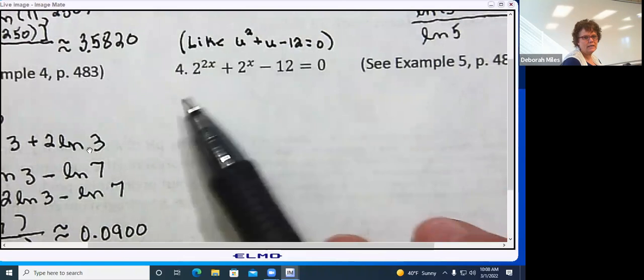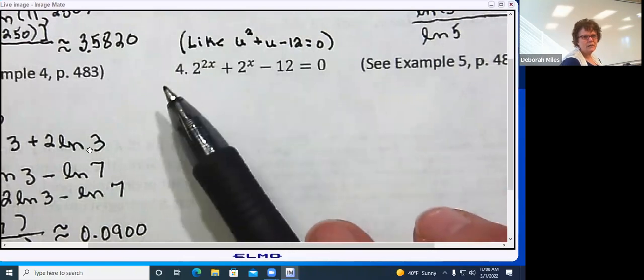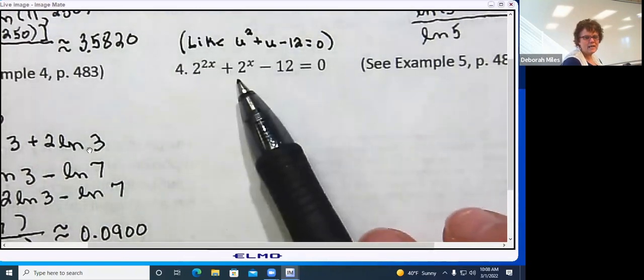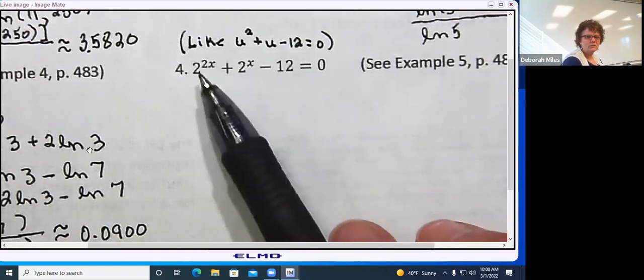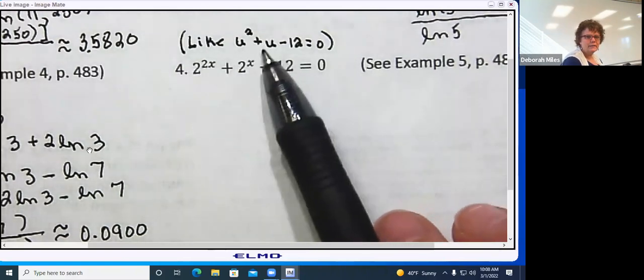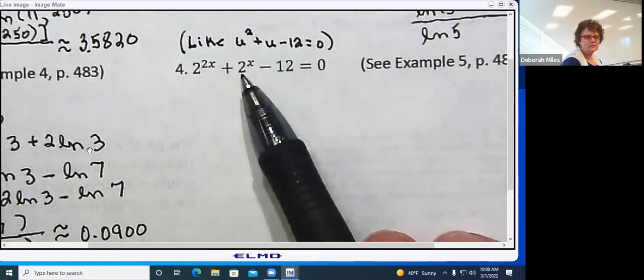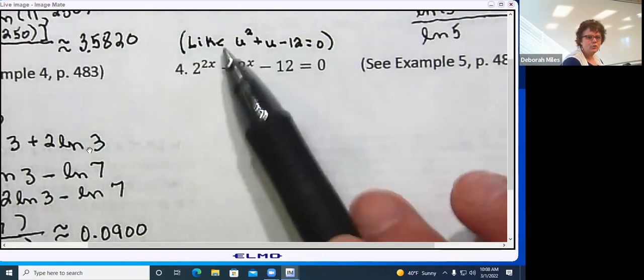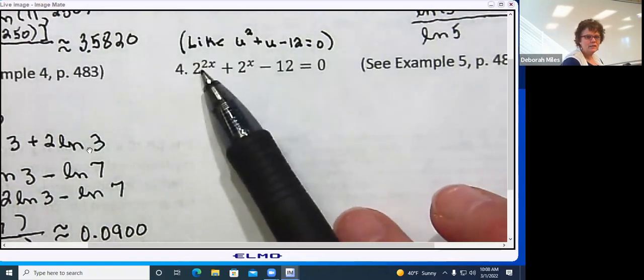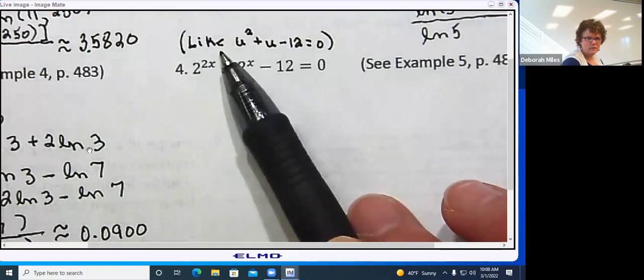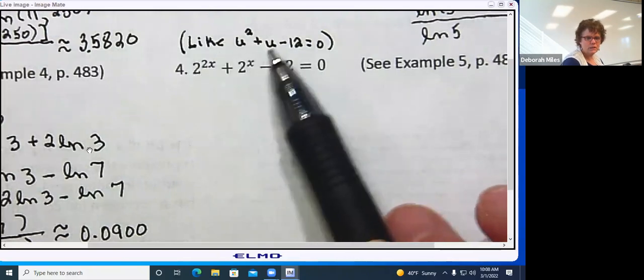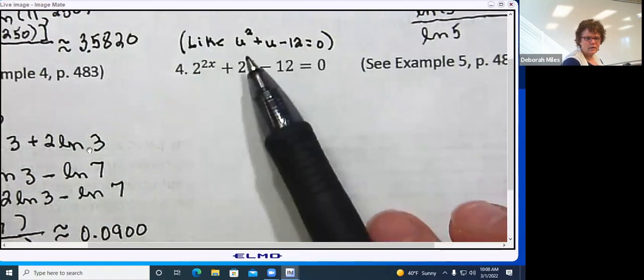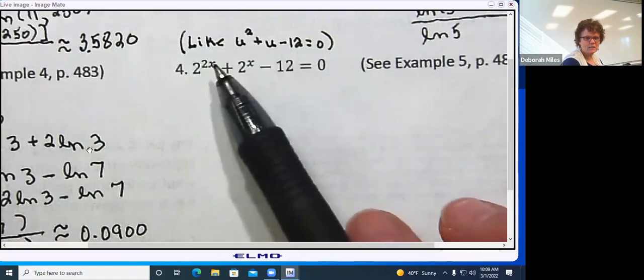Again, this was too ugly to deal with. And what was bugging me was the 2 to the x. So I thought, if I just put ugly in place of 2 to the x, then this would be ugly squared. 2 to the x squared, just ugly squared plus ugly minus 12. What kind of equation is that?